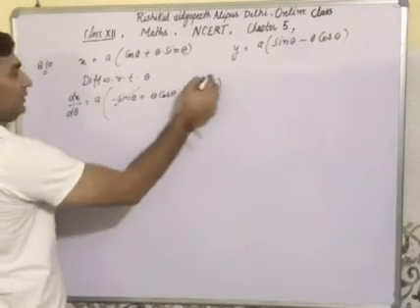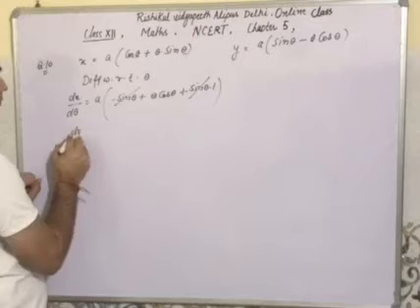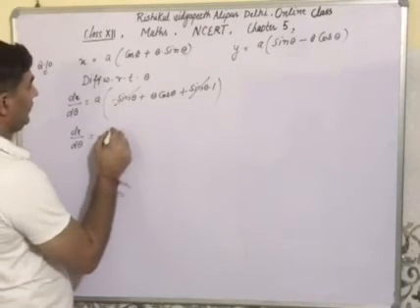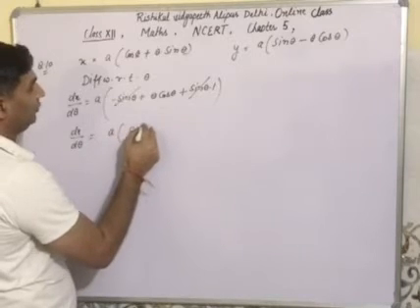This cancels out to this, and dx upon d theta is equal to a theta into cos theta.